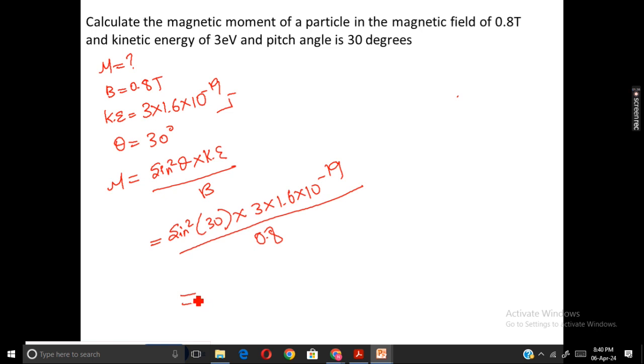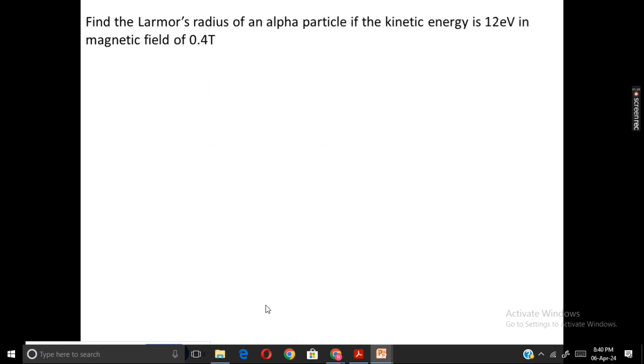It will give you a value of around 1.5 into 10 raised to minus 19 joule per Tesla. So this is the value of the magnetic moment.